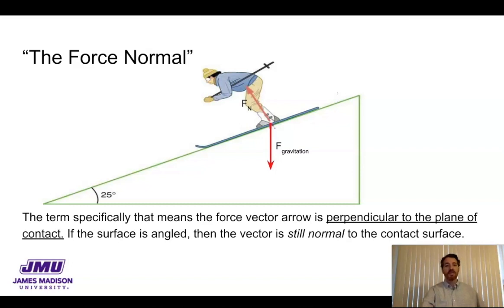So in a situation like this one where the skier is sitting on an incline, the force normal is not straight up, but rather perpendicular to the surface. We'll come back to that more after the first test, but I at least wanted to mention it because there may be some problems in the expert TA assignments where the force normal is not just an upward force.